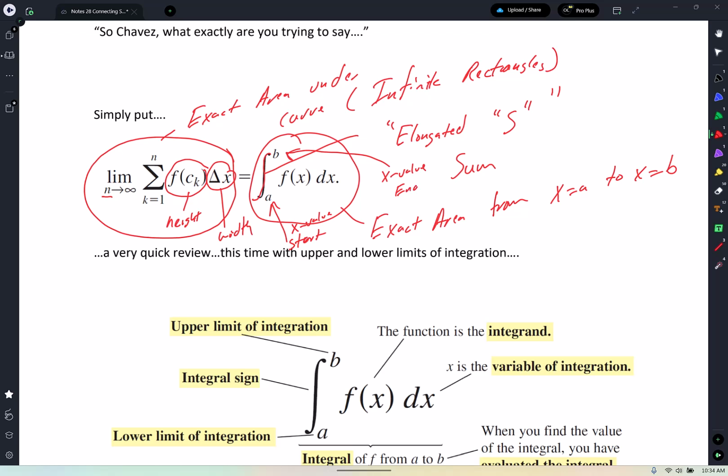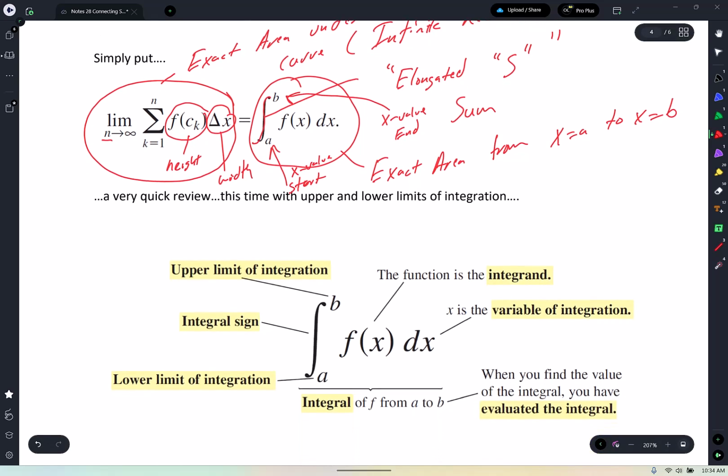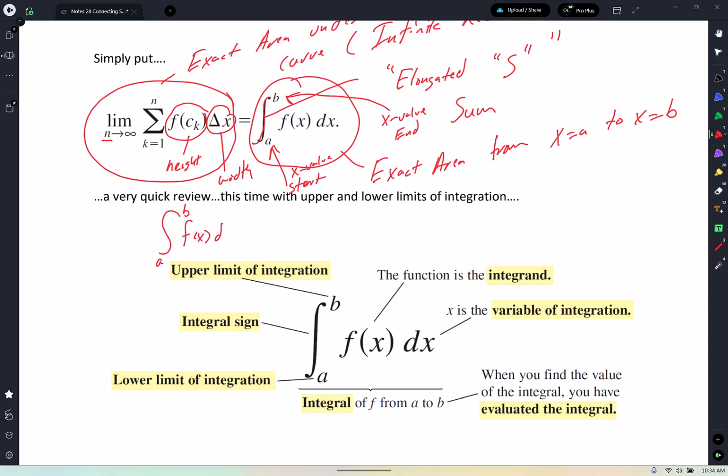I'll give you a visual. Don't worry. So here's your visual. Ready? Integral a to b of f of x dx. That dx really means delta x. See? Equals, here's my graph. That's f of x. Here's a.